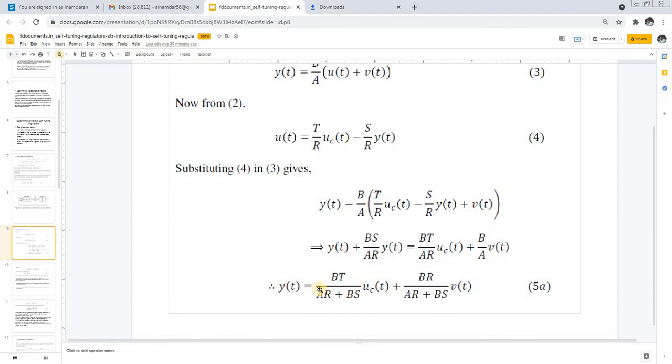Now you can see clearly it is an equal to sign. Then we have to take the value of y of t. After finding the value of y of t, we are going to have this equation which will give us the coefficients with uc of t and v of t.